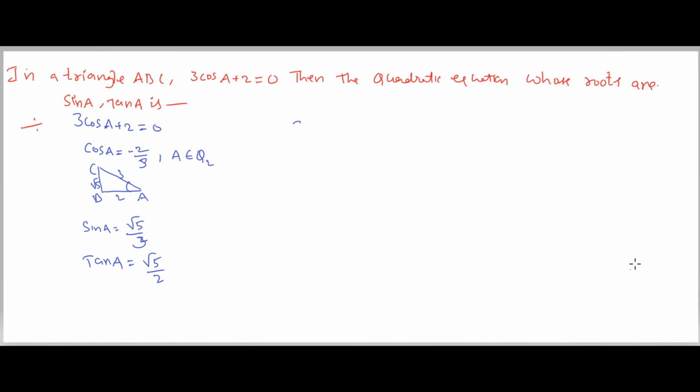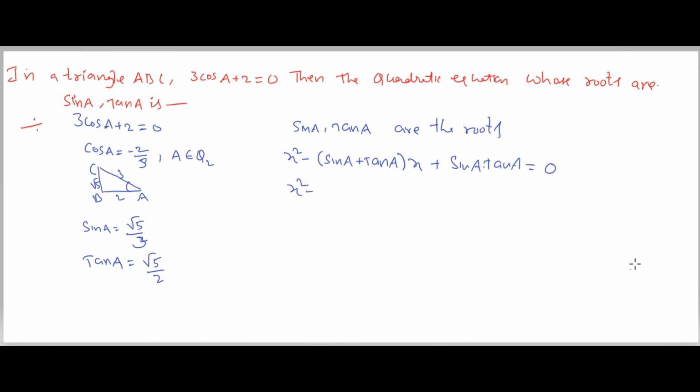Here it is given sin A, tan A are the roots. Then the quadratic equation is x square minus (sin A plus tan A) into x plus sin A into tan A is equal to 0.